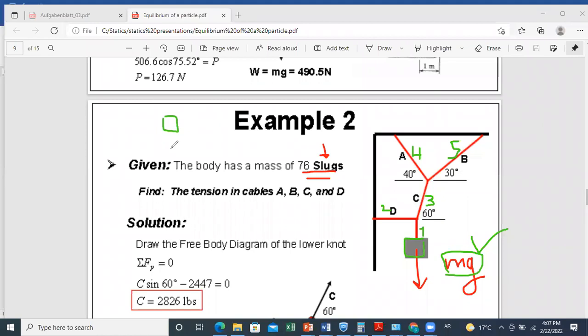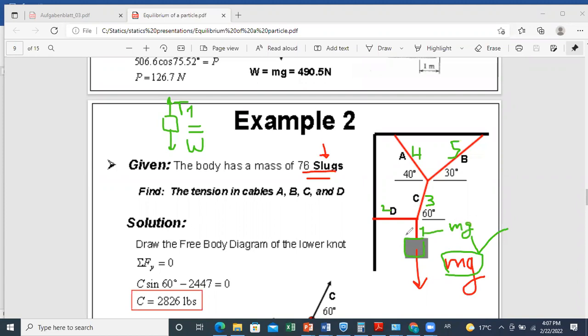The weight of this block and the tension in cable 1, T1. So to have equilibrium, what is the condition? That T1 should be equal to W. Okay, so now I am done with T1. This is equal to M times G.